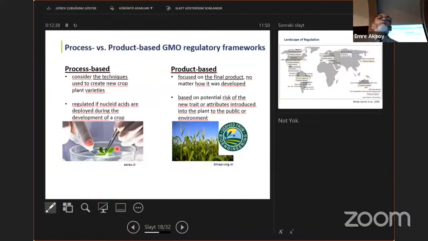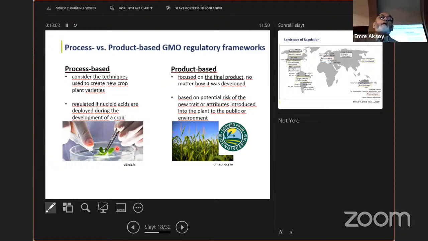Then the process versus product-based GMO regulatory frameworks. Some people believe in process-based regulation, and others believe in product-based regulation. In process-based, they consider the techniques used to create new crop plant varieties.